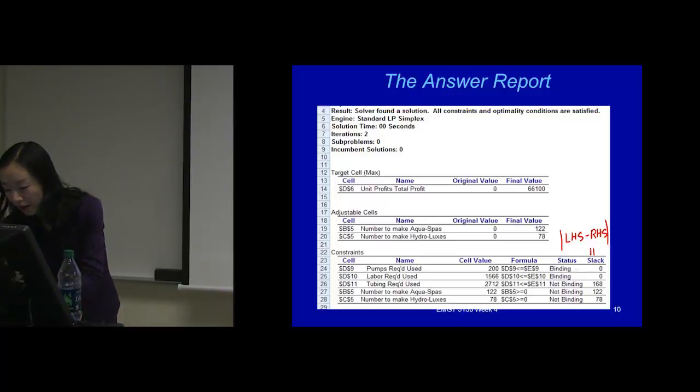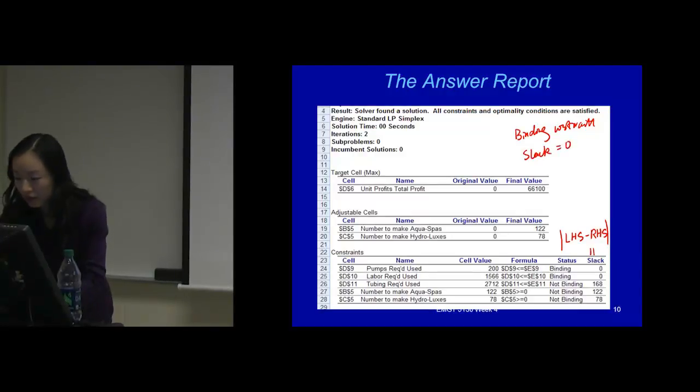And a binding constraint always has 0 slack.